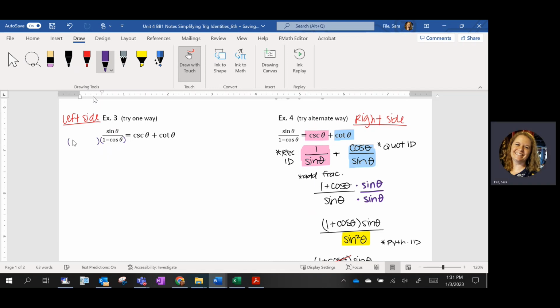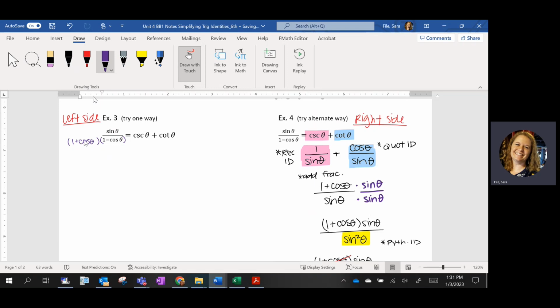See if you remember what this is called. So I'm going to create a cosine squared by multiplying by 1 plus cosine. Instead of 1, it's already 1 minus cosine. What is that called? Y'all remember?